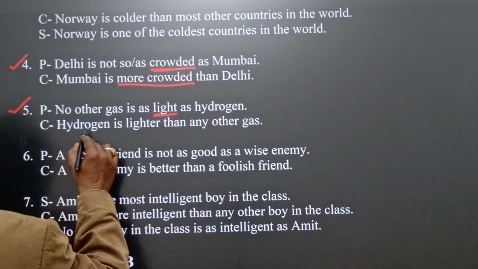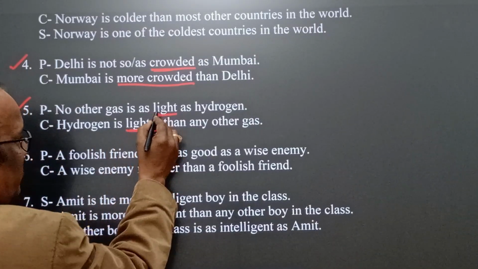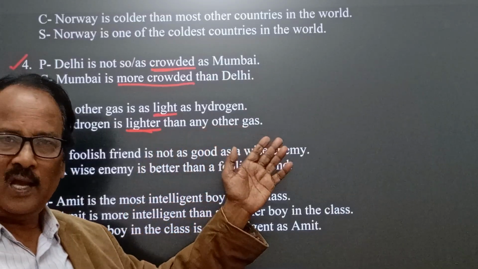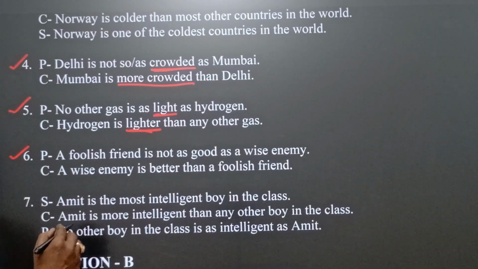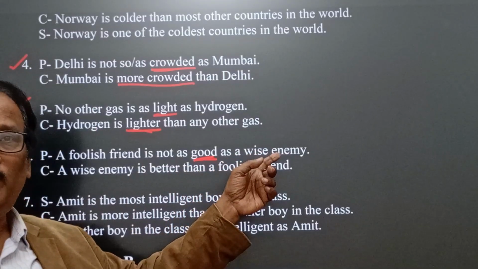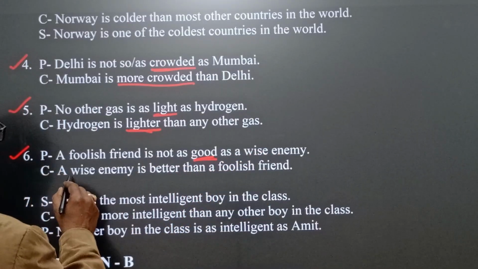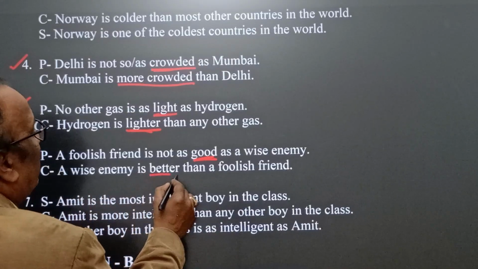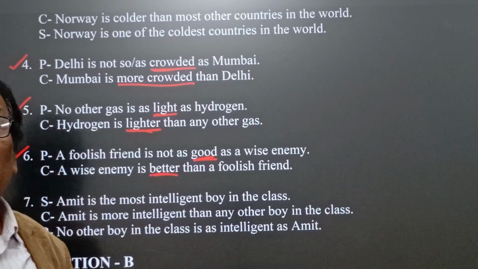In comparative degree, hydrogen is lighter than any other gas. Number 6: a foolish friend is not as good as a wise enemy. If we change it into comparative degree, a wise enemy is better than a foolish friend.